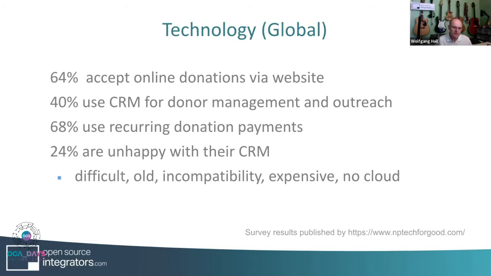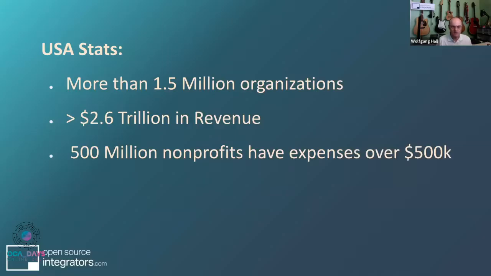Maybe we can say, well, that's only 25%, but 25% of a number that is really high, which in the US is 1.5 million organizations. That's hundreds of thousands of organizations that are not happy. And I think we can do a lot better here with our support, using the stuff we know really well.